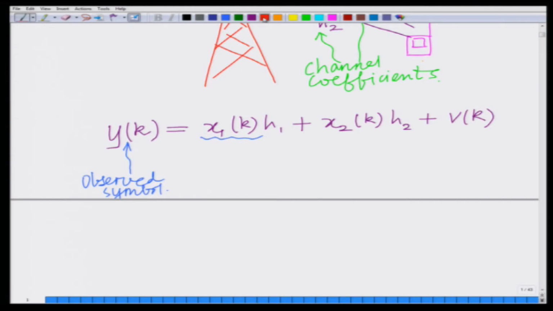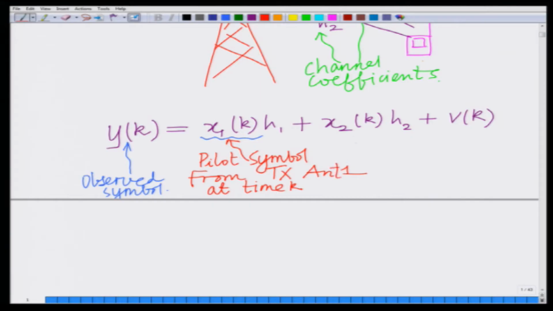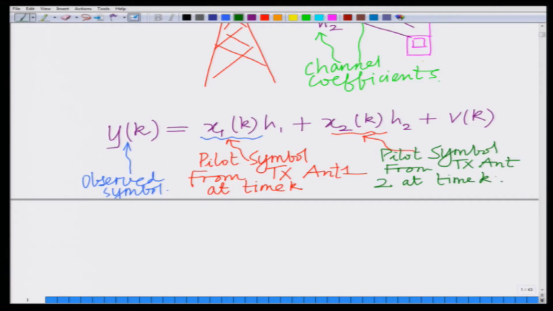X1k is the pilot symbol transmitted from transmit antenna 1 at time instant k, and x2k similarly is the pilot symbol from transmit antenna 2 at time instant k. So this is the model we are familiar with.